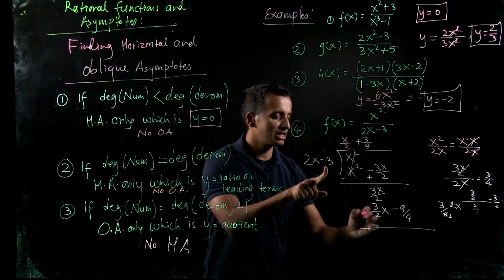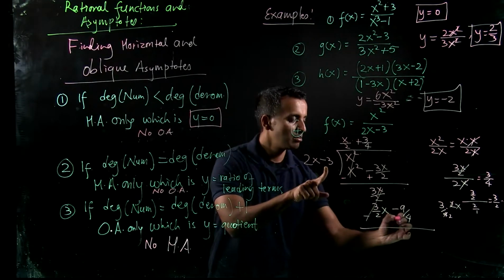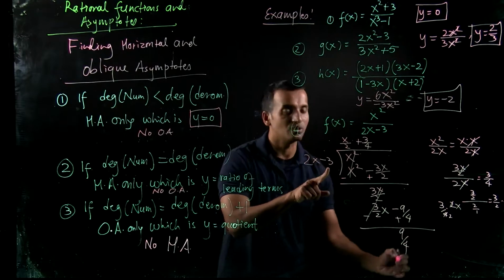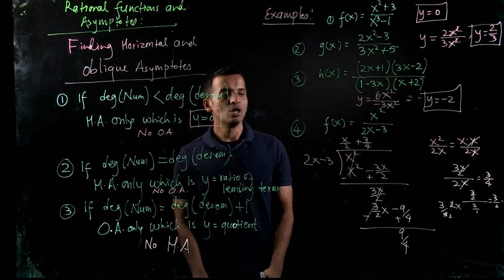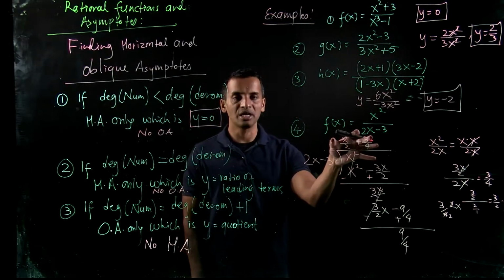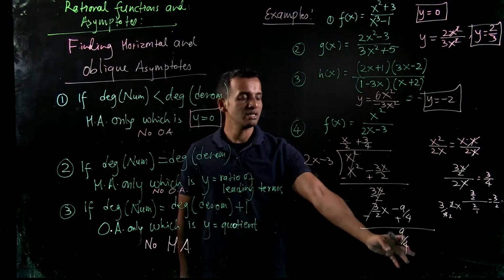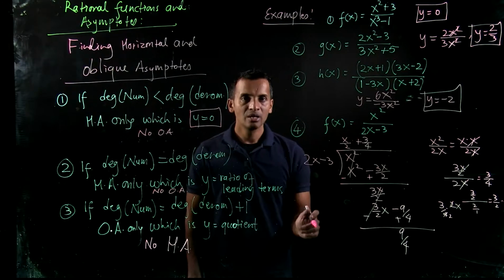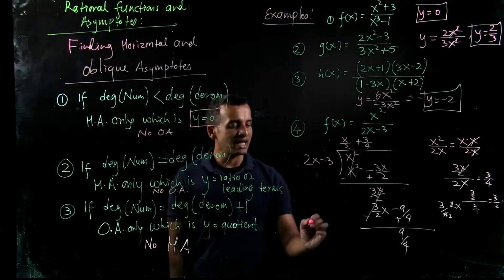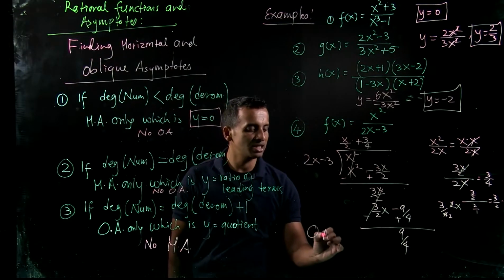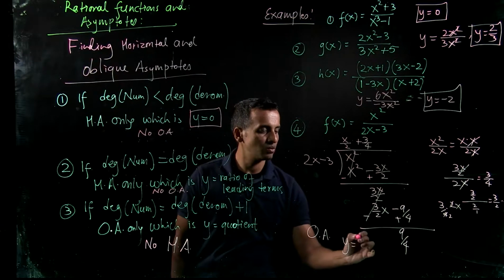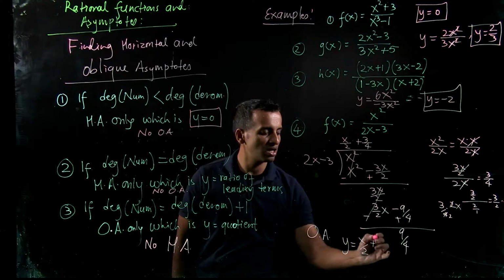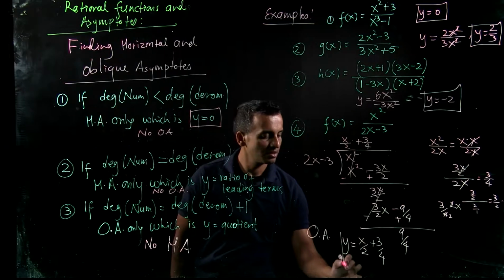You subtract again, and the remainder is 9/4. We don't care about the remainder though, we just need the quotient. After the division is complete, y equals the quotient is the oblique asymptote. So what is the answer then? The oblique asymptote here is y equals x over 2 plus 3/4.